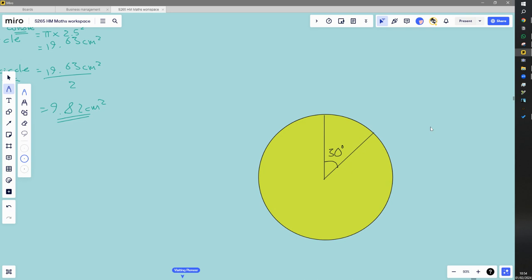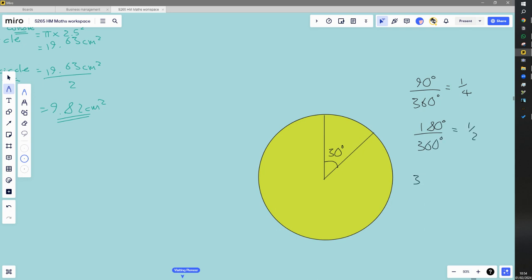Why is 90 degrees a quarter of a circle? Because the whole circle is 360 degrees. And if we've got 90 degrees of that 360 degrees, if you do 90 divided by 360, you get a quarter. If you do 180 divided by 360, you get a half.